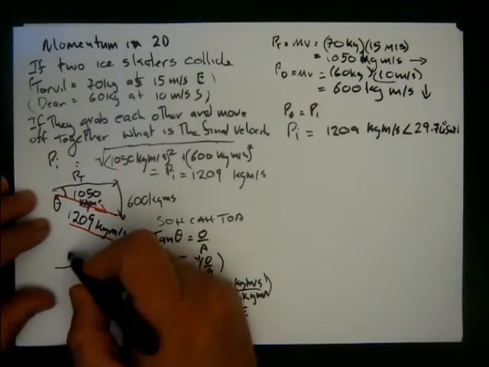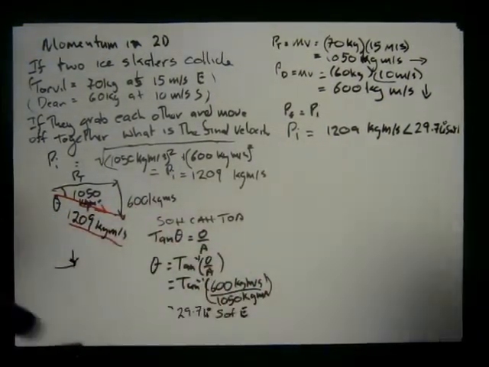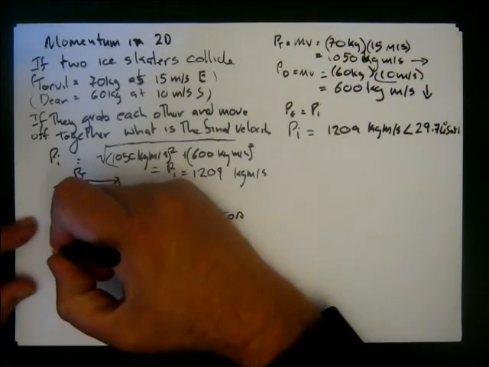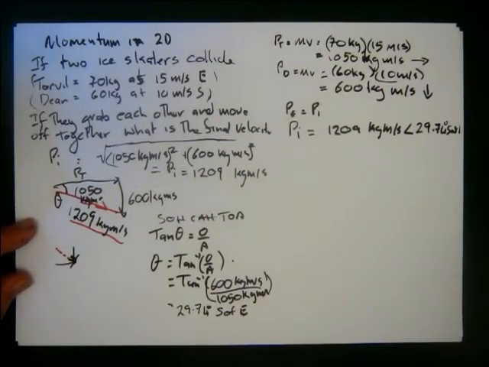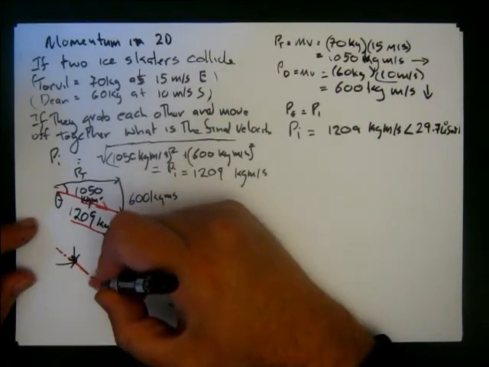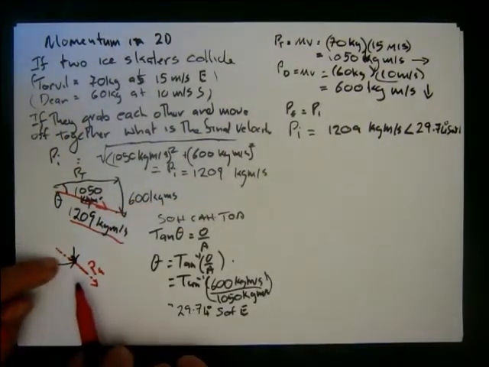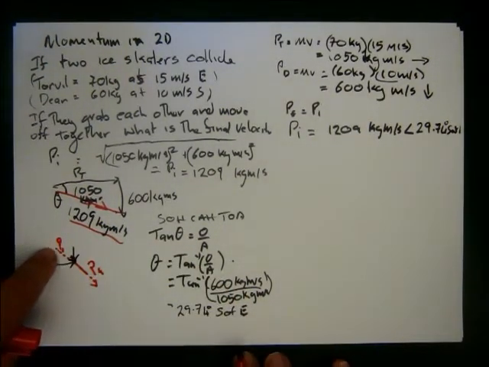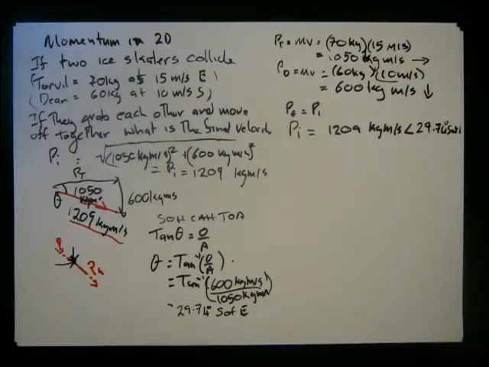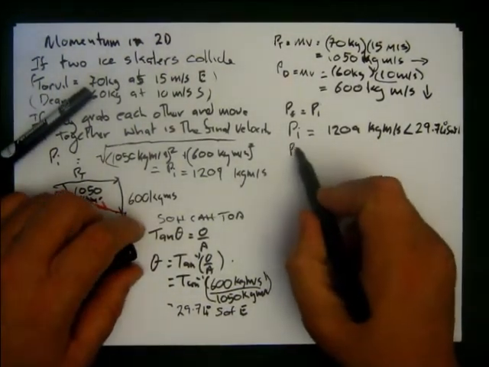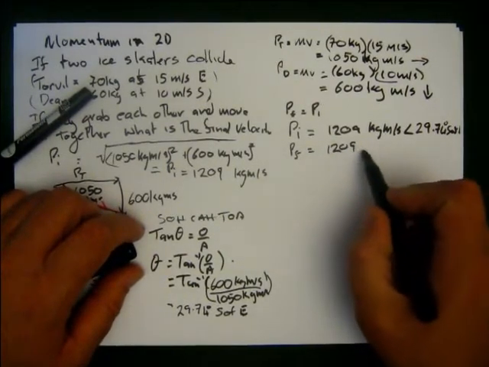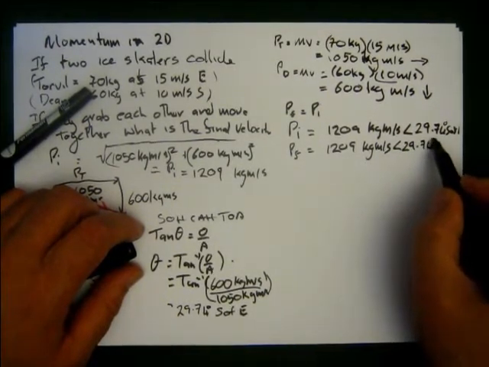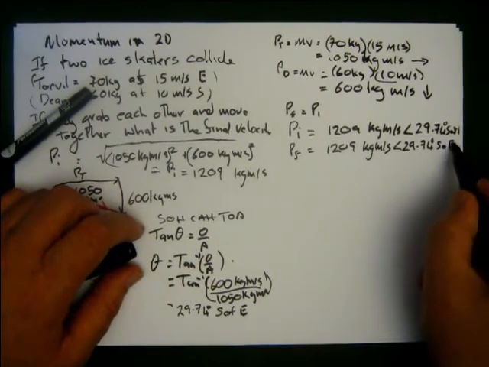So we have our two skaters and they collide, and our initial momentum actually carries on just like that, and our final momentum is going to be the same. If we add these together, we end up with a single line like that. That's P initial. After the collision, the momentum is going to carry on in that line. So P final equals 1209 kilograms meters per second at an angle of 29.74 degrees south of east.